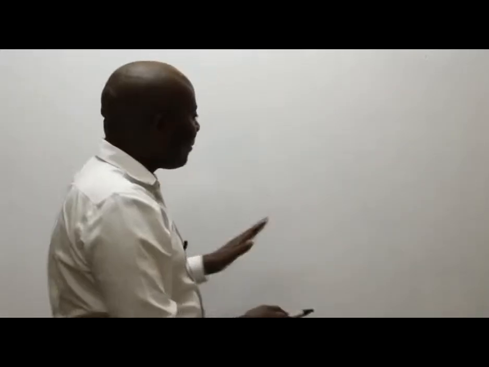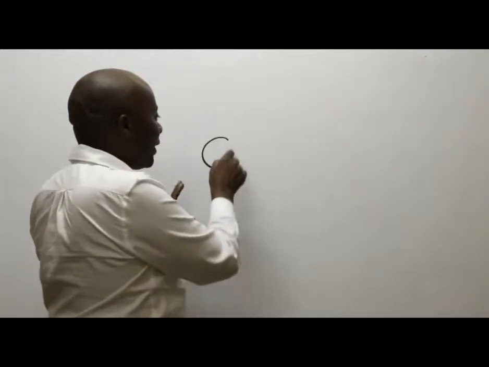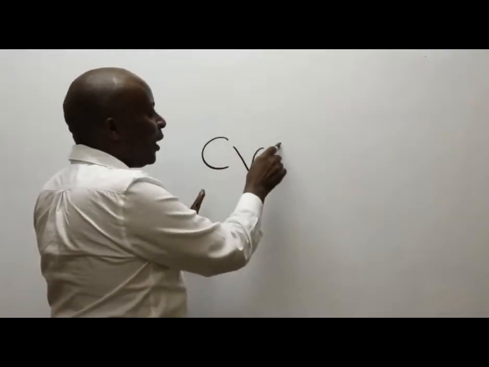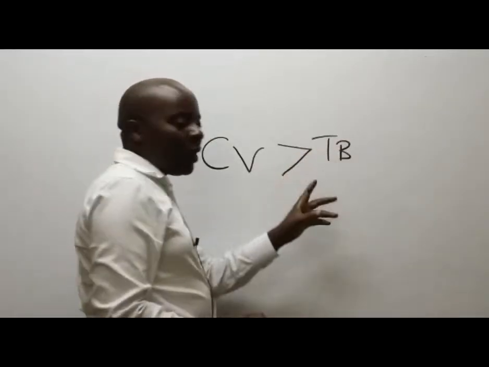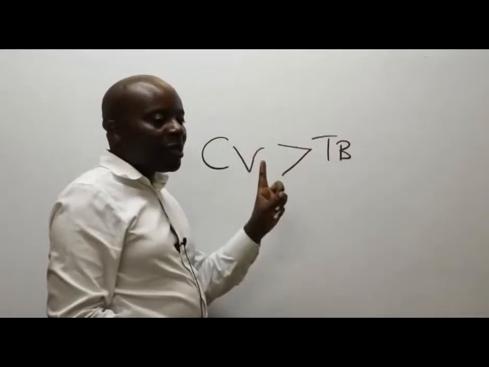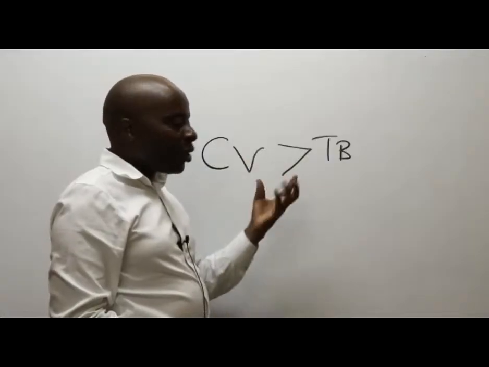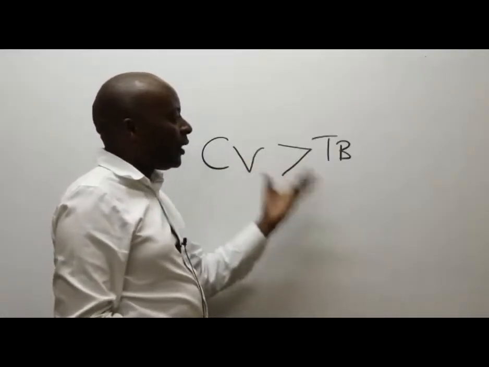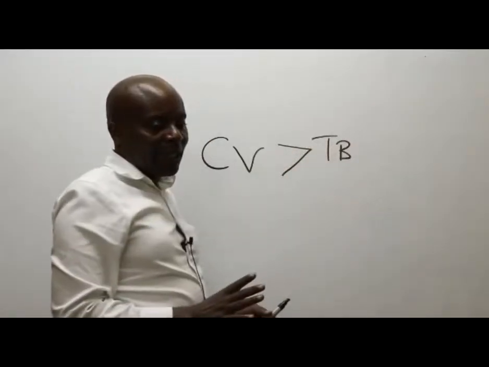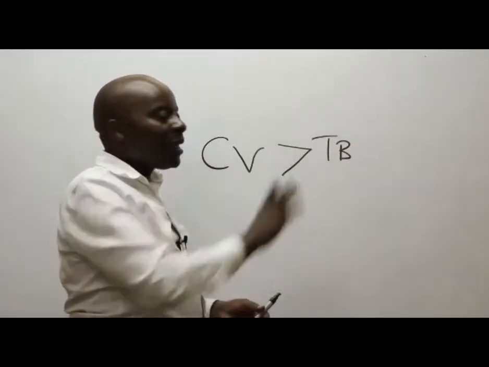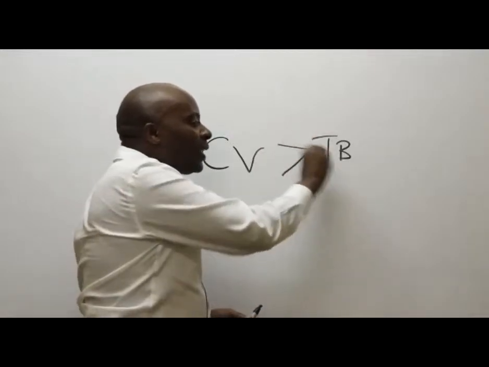Great. So, ladies and gentlemen, the most important thing for you to appreciate here: if the carrying value is more than the tax base, you always interpret this from the angle of the tax base. So if carrying value is more than the tax base, it means that the tax base is less. It means that today I've paid little tax.